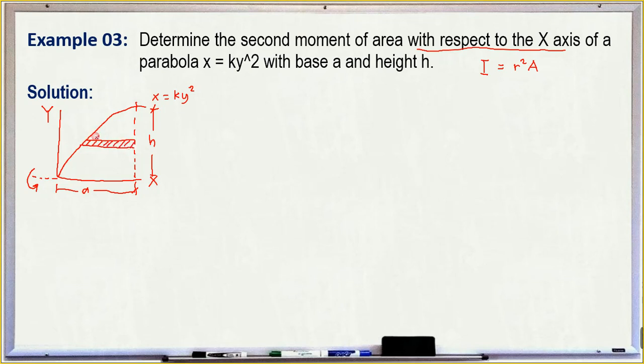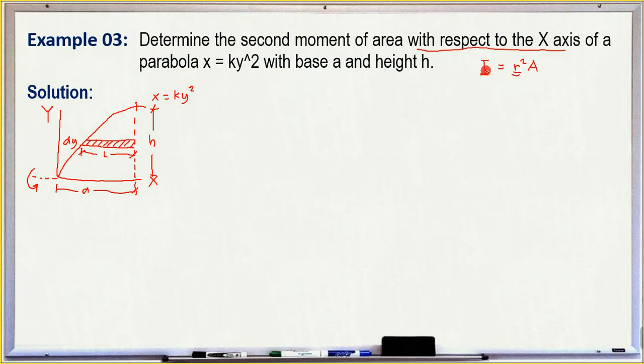This rectangular strip has a width of dy, and it has a length of L. This very small rectangular strip has its centroid, or its arm, its r, right here.